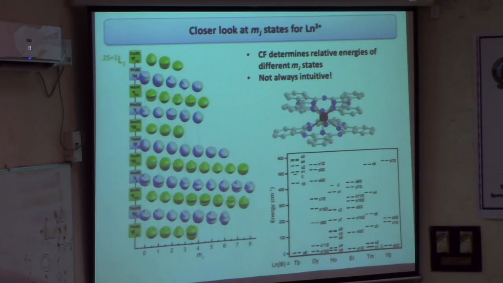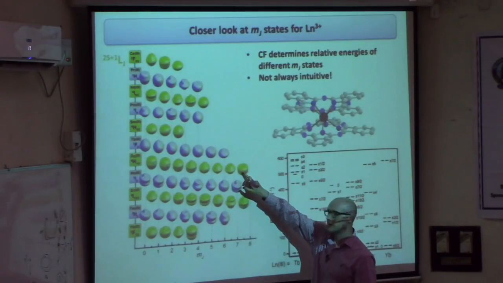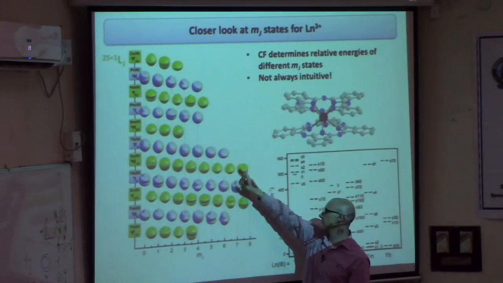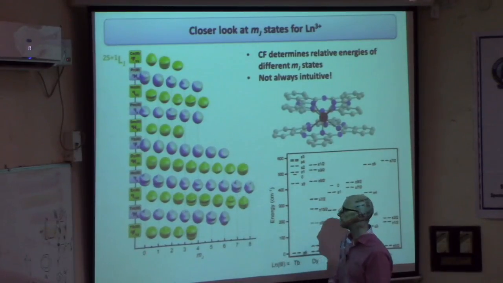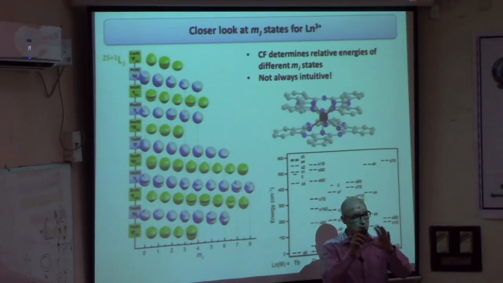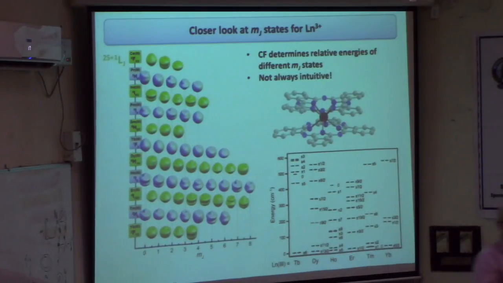We said that the ground state for dysprosium is defined by 15/2, which is this one here, 7.5. So the electron density in the ground state of dysprosium is calculated to look like this. It may not be so easy to tell from here, but it is effectively shaped like a pancake. It's quite a thick pancake, but definitely oblate in terms of the electron density.